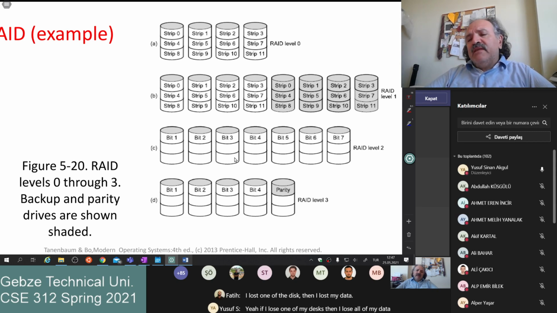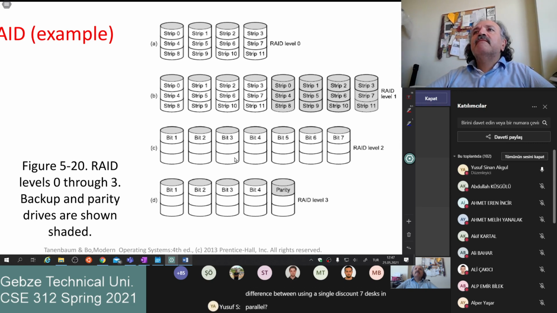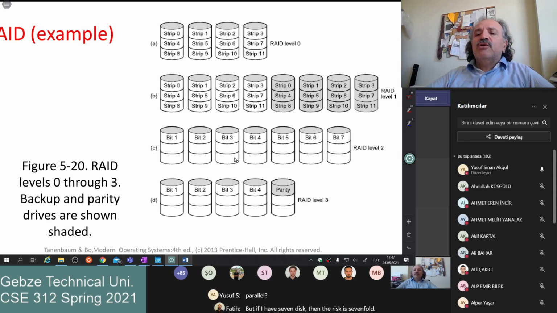But losing one disk is always a possibility, right? If you have a single disk and you lose it, then you lose all of your data. So what is the difference between using a single disk and 7 disks in parallel? If I have 7 disks, then the risk is 7-fold. Say there is a 1 in a million chance that my disk is going to fail in a single day.